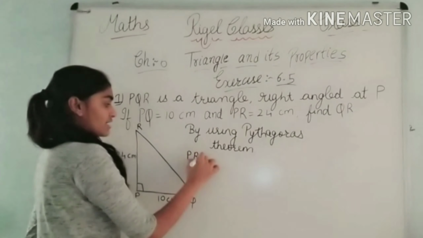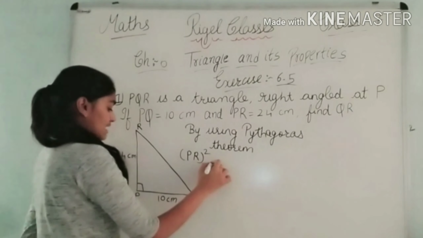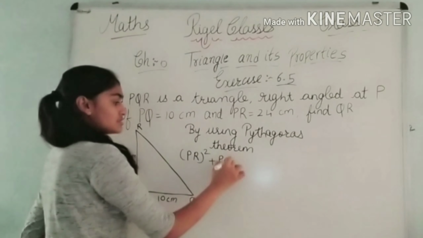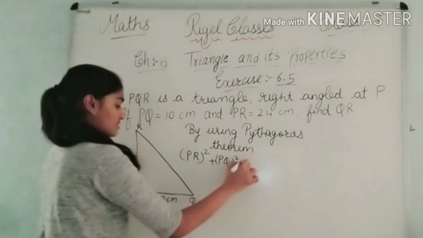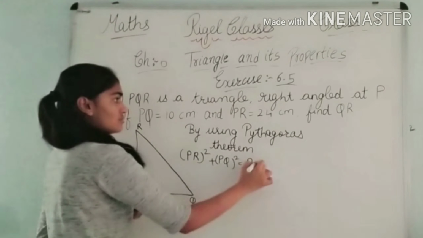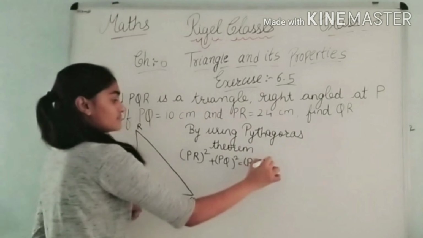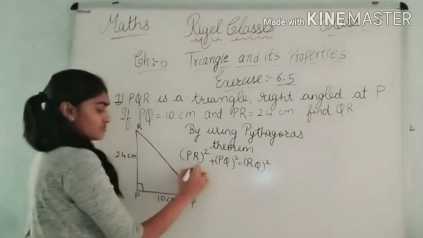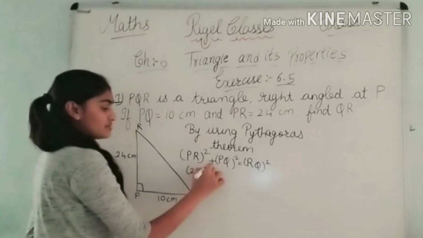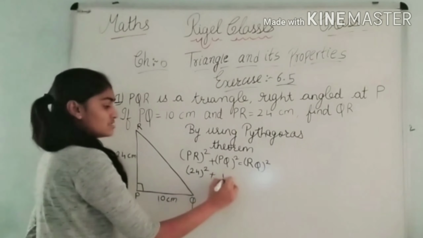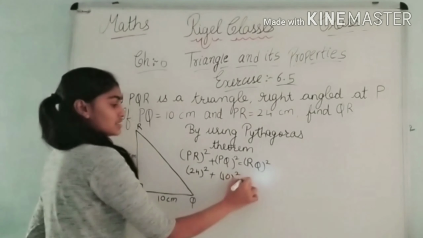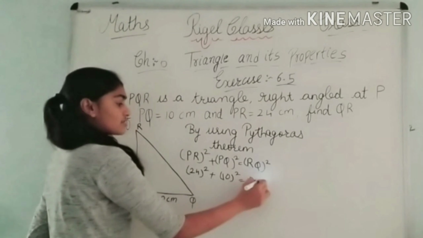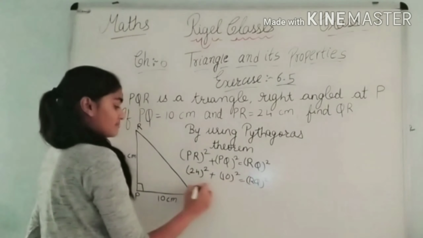Sum of square of two sides, that is PR square plus PQ square equals to RQ square. So here PR is 24, so 24 square plus PQ is 10 square equals to RQ square or QR square.